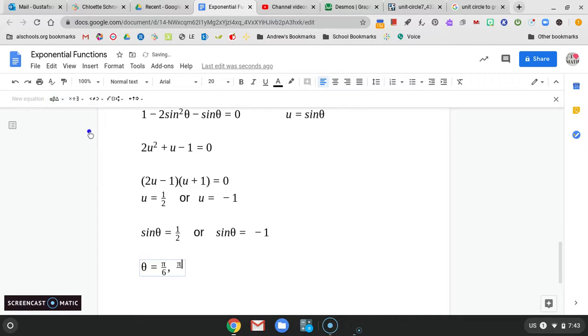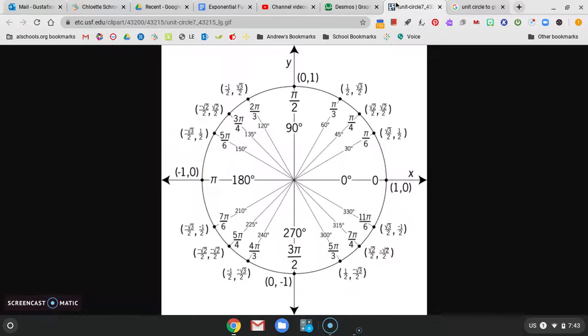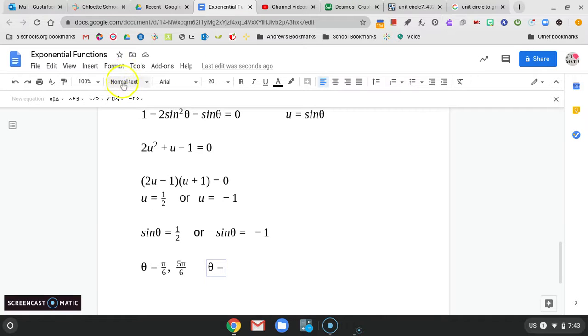There we go, 5 pi over 6. We also had another option that sine of theta could equal -1, which means that theta could also equal 3 pi over 2. And I knew there was another answer because we had 3 answers from our graph. And I forgot that we had 2 different answers for theta, and 3 pi over 2.